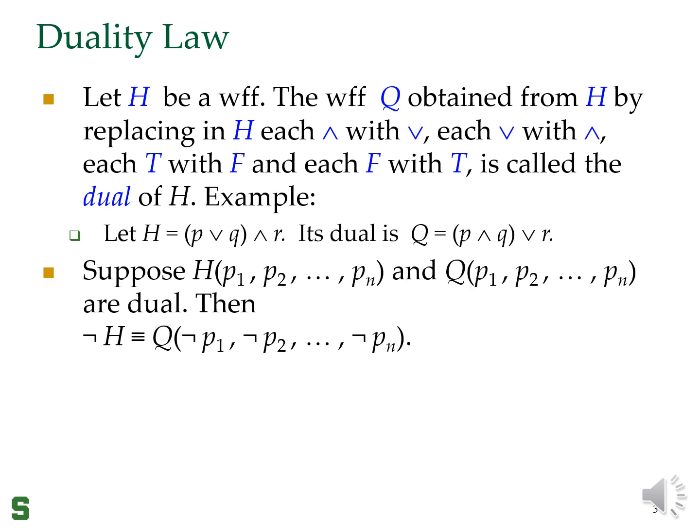Suppose we have a formula H that has the variables P1 through Pn as parameters, and let Q be the dual of it. Then the negation of H is obtained from Q by replacing every P by not P: P1 by not P1, P2 by not P2, and so on.